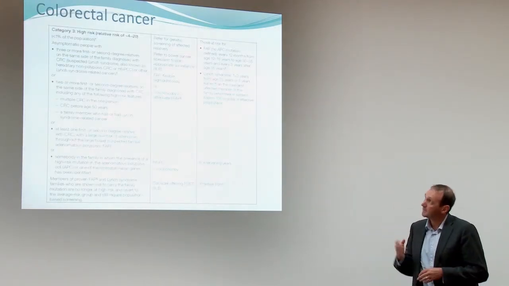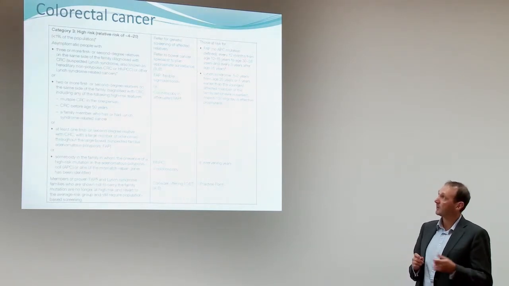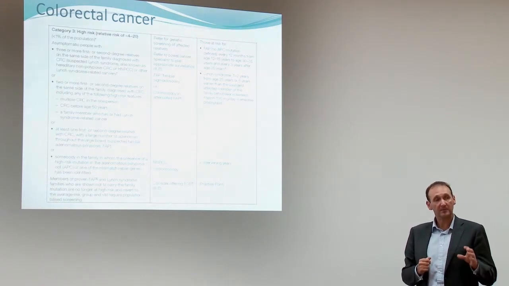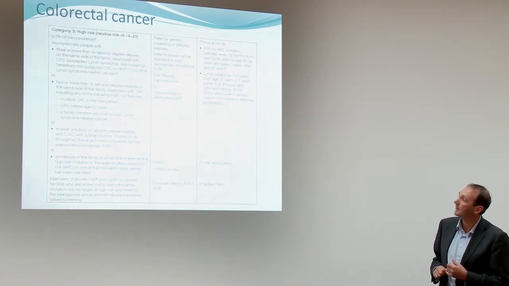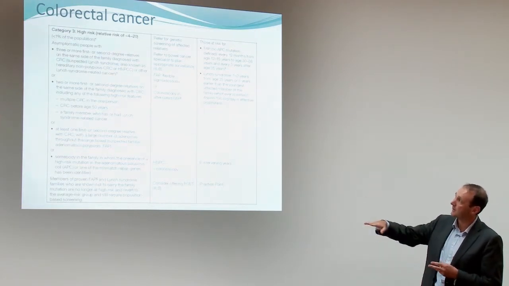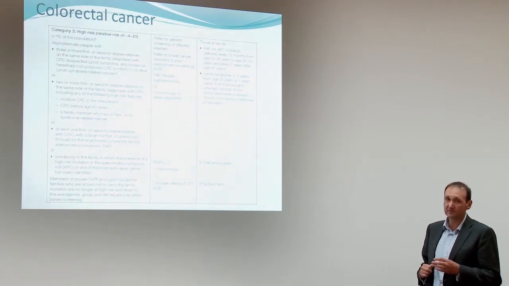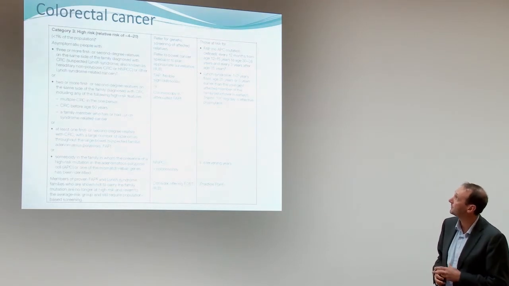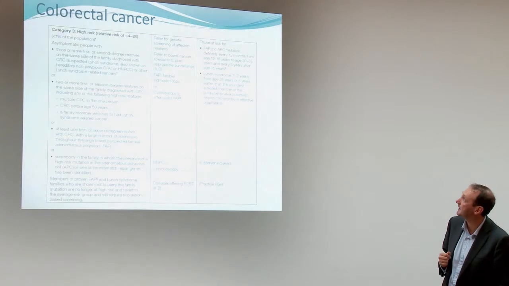The high-risk families, these are people who have family histories consistent with Lynch syndrome or familial adenomatous polyposis, which is a much rarer type of inherited bowel cancer. These are the detailed criteria, essentially for people with possible familial adenomatous polyposis, they require screening from a very early age, so from their teens.